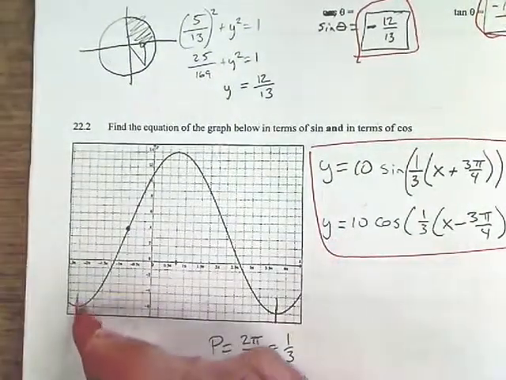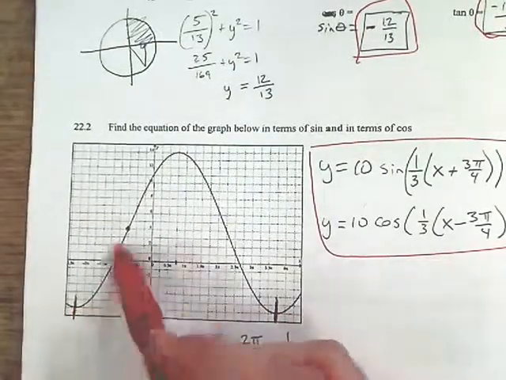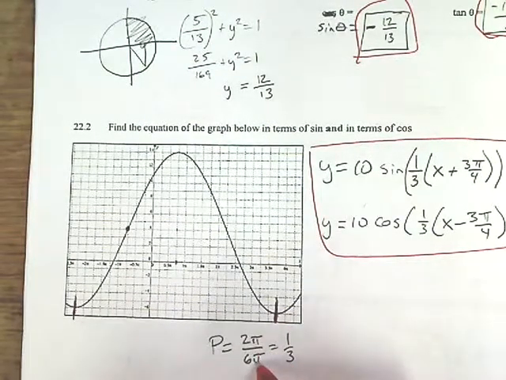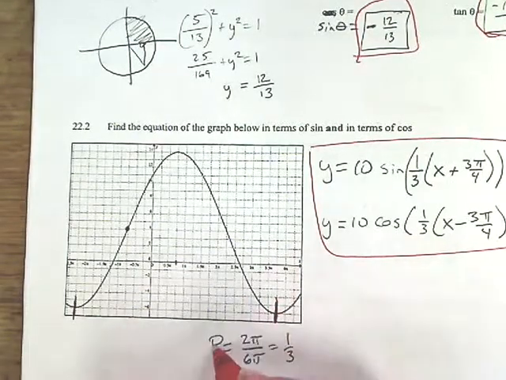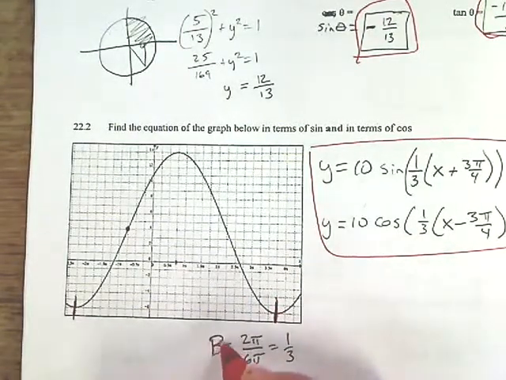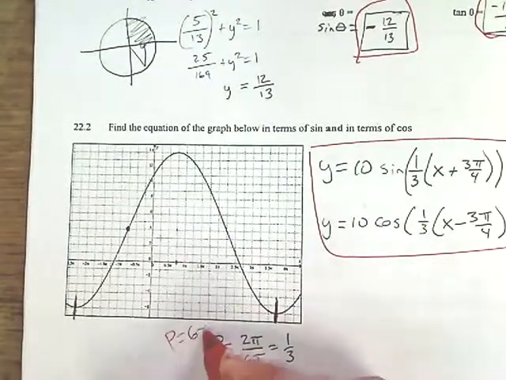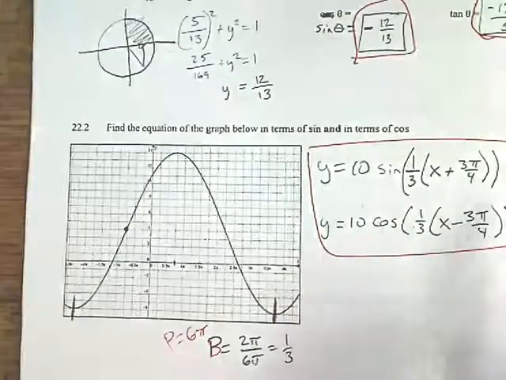The period. How long it takes it to complete one cycle. So from the bottom to the bottom is 6 pi. So it's 2 pi over 6 pi. Gives me my b value. Oops, that should be a b. The period was 6 pi. Period is equal to 6 pi. So that gives me my b value or frequency.